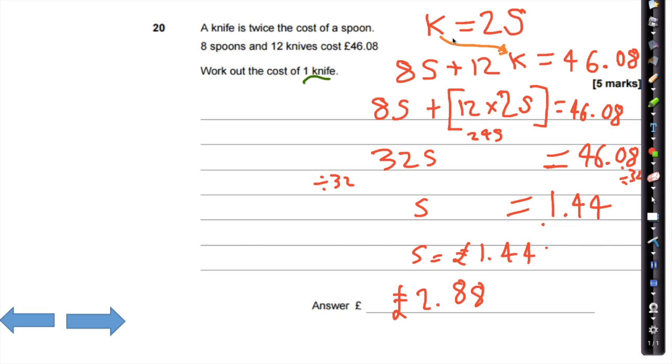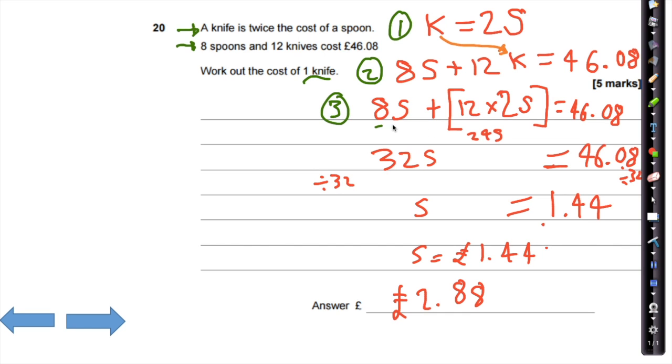But this is 5 marks, and you get 1 for writing that first sentence, 2 for writing this second sentence. So by reading this and turning it into two fairly straightforward equations just from reading them, you actually got 2 out of the 5 marks. The third mark comes for this part.